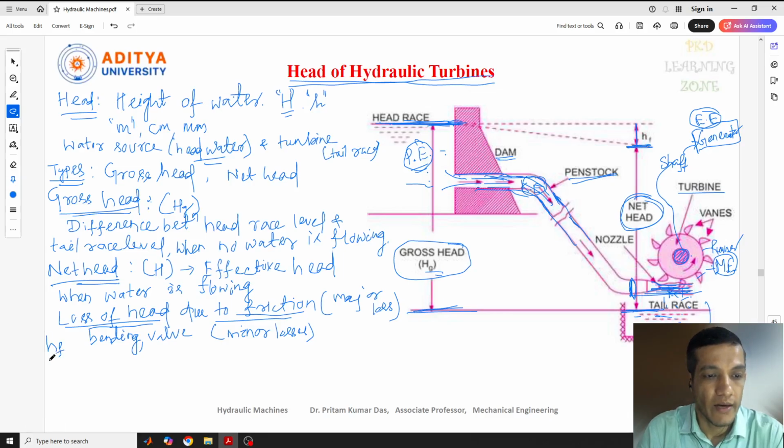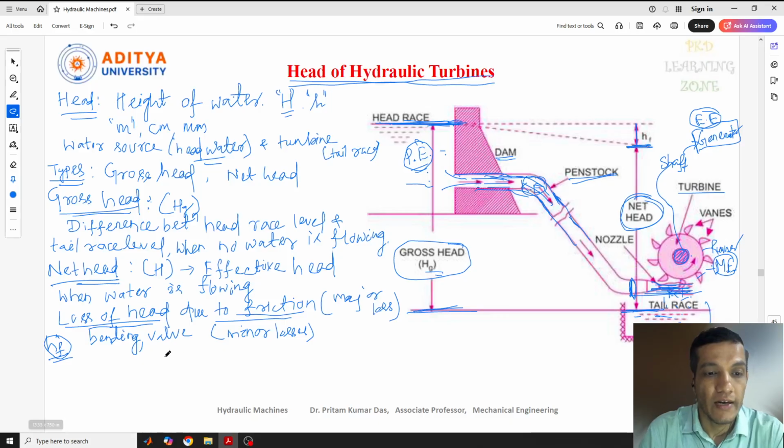Because the minor loss is very small, we can ignore it. So hf is the loss of head due to friction between the penstock and the water, and if we remove the loss we can find the net head.